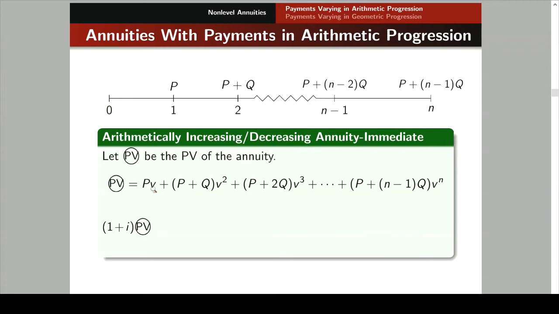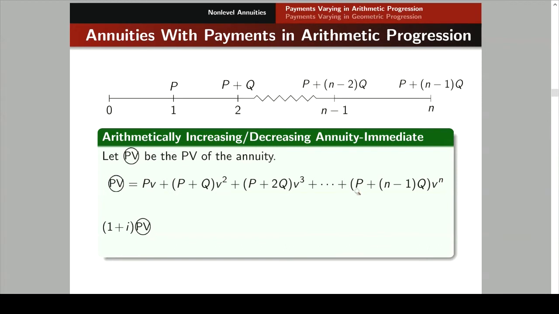So we're just going to have P as our first term. In the second term, if I multiply it by 1 plus i, the v squared and 1 plus i cancel one v, so I'm going to have (P plus Q) times v.